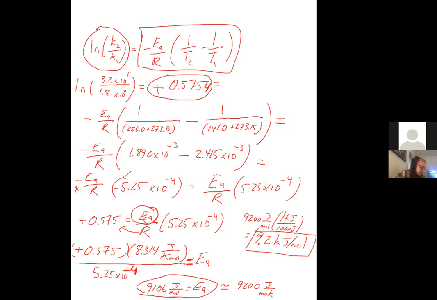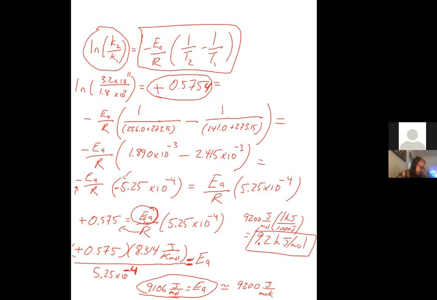But I suspect what's happening is they're using a slightly different version of R. Instead of 8.314, they're probably using a lot of significant digits. Here we go. 8.31446. Okay, so it's a little bit bigger there. When you do the calculation, you're multiplying by 4, so that would make it a little bit bigger.